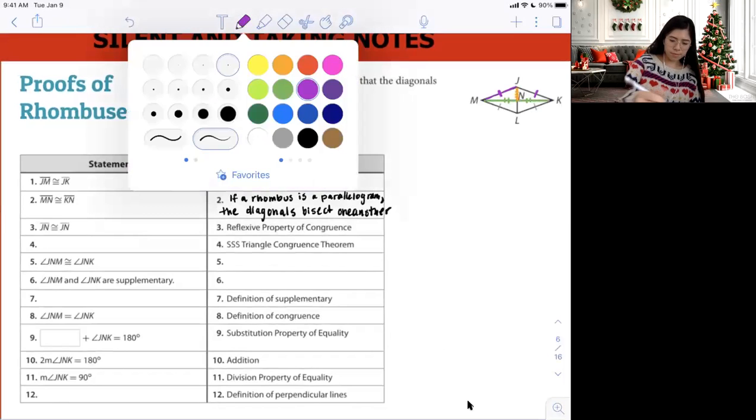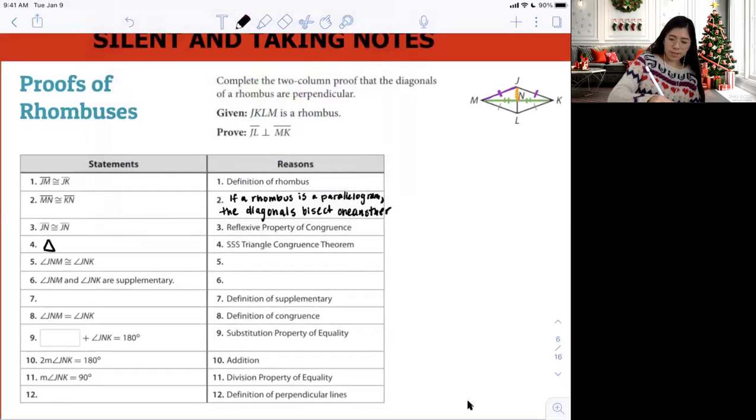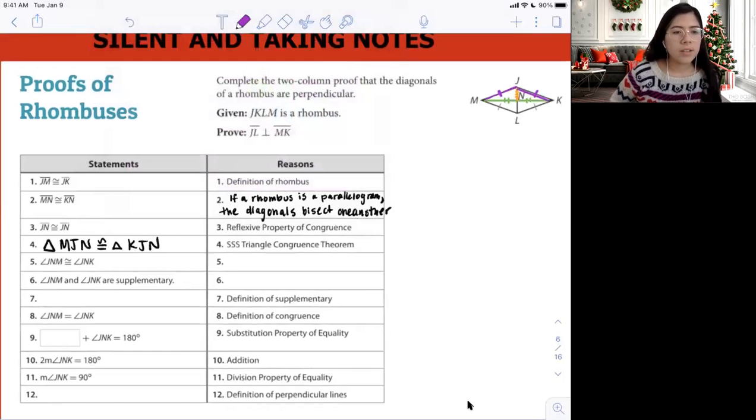Mm-hmm. Triangle MJN is congruent to triangle KJN. Okay. So now I've got these cute little triangles. They are congruent to each other. Awesome. Then we jump to the next one.